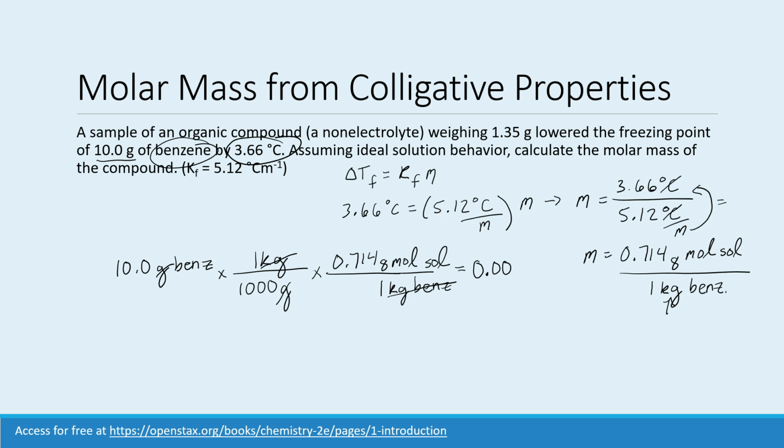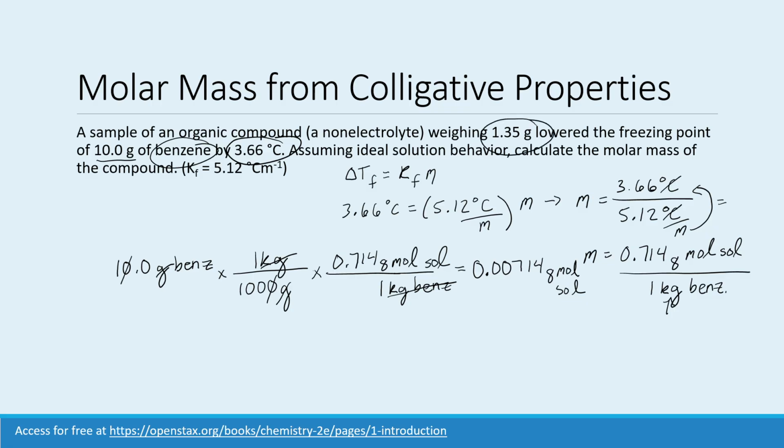Okay, so that should give us 0.007148. Basically all we did was move that decimal place over 2 places because the 10 cancels out with one of the zeros in 1,000. And this is, of course, moles of our solute.